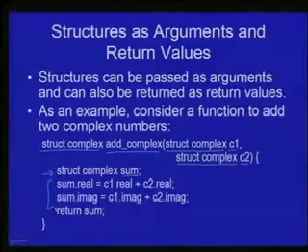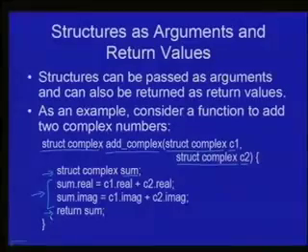The variable sum after these two assignments will represent the complex number C1 plus C2. So sum.real is C1.real plus C2.real, sum.image is C1.image plus C2.image, and finally the function returns the value of sum, which is C1 plus C2.